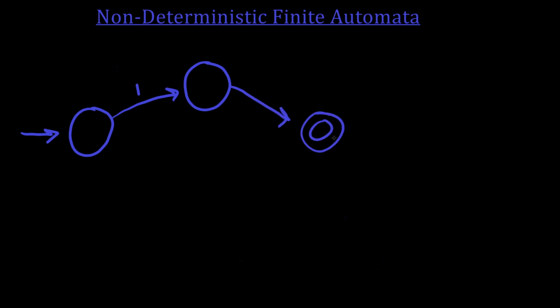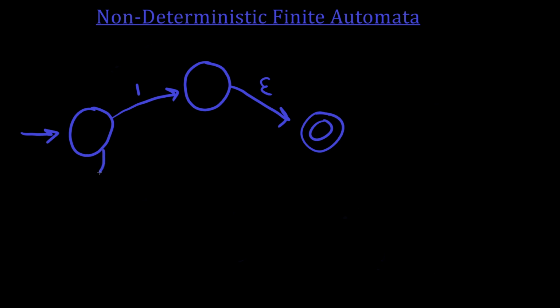Now that we've covered the differences, let's practice processing strings on an NFA, because it works a little differently than in the DFA case. Let's draw an example NFA. This is our start state, and we've got some state up here that we transition to on the character 1. We've got our accept state over here, and we transition on the character epsilon.